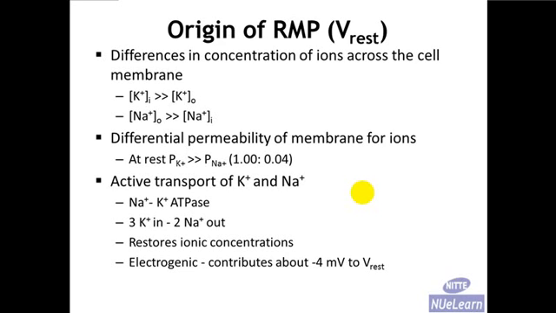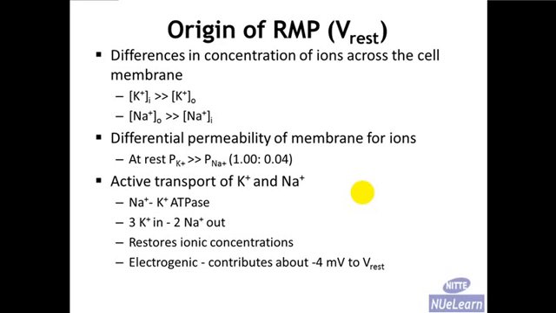So this function of the sodium-potassium pump in restoring and maintaining ionic concentrations also contributes to the resting membrane potential because of the unequal nature of the exchange. As you see, 2 potassium ions are pulled into the cell by the pump for every 3 sodium ions that are extruded out.